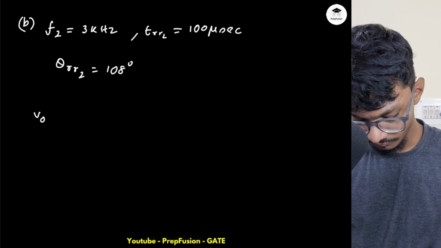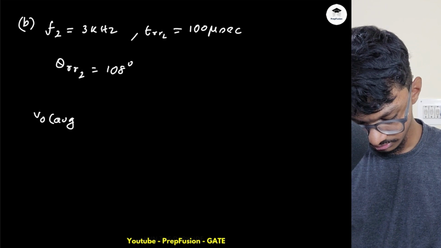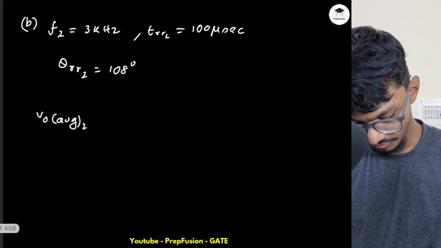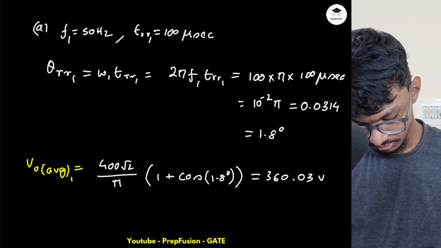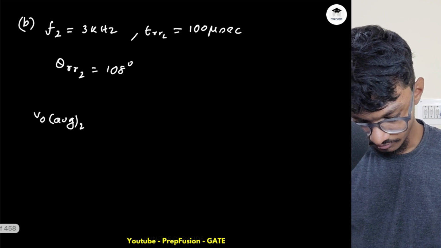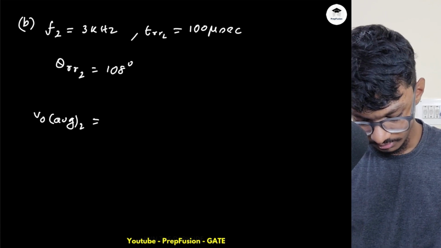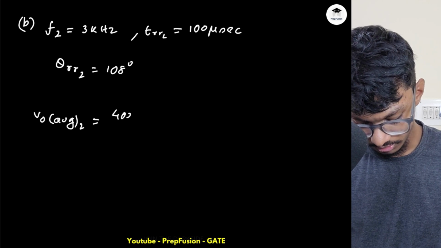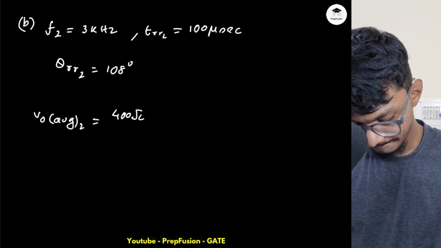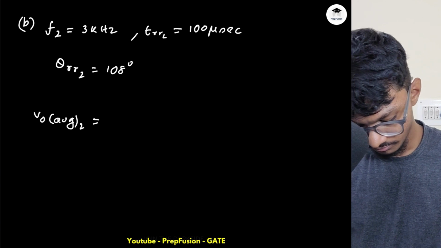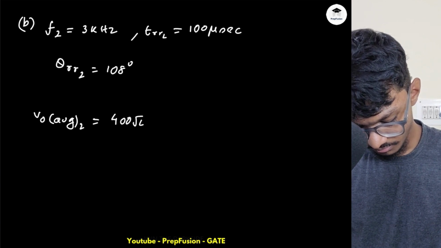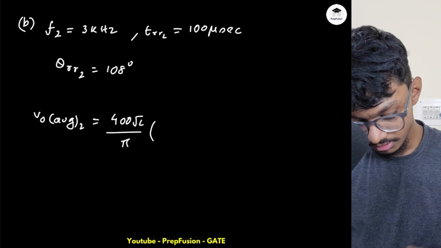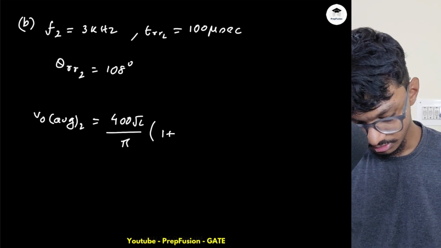So what will be your VO average 2? VO average 2 will be equal to Vm by pi, again 400 root 2 by pi, into 1 plus cos theta r.